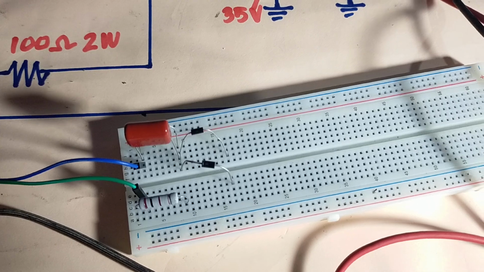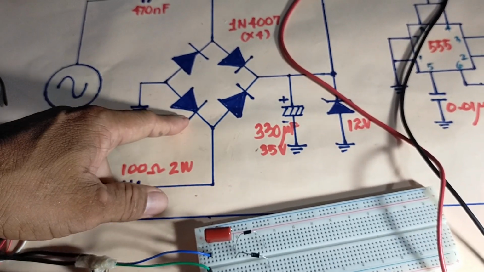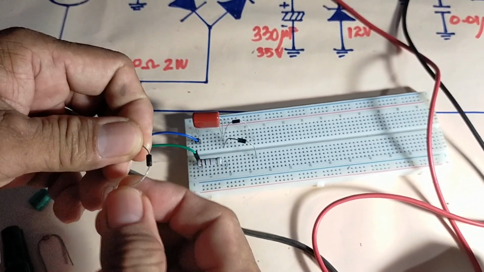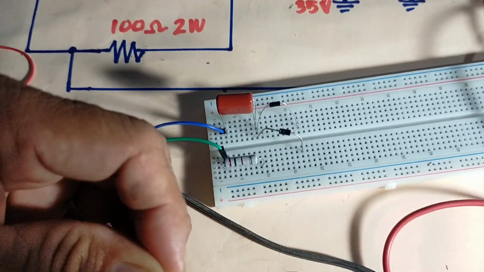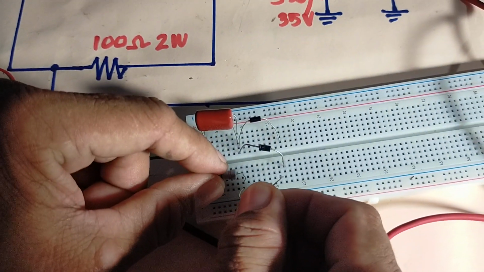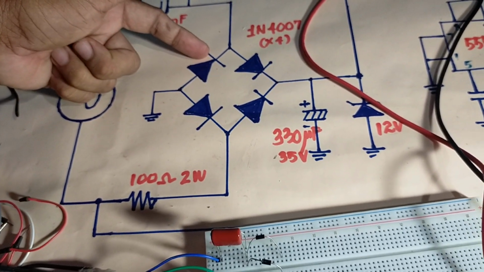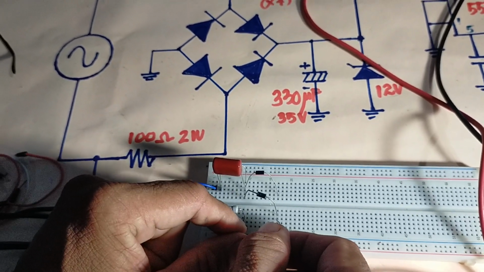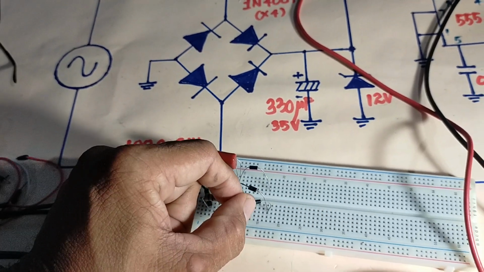So on the other hand, this line here, cathode and anode again. So the cathode, which is this one here, where there is a color band, is connected here. The cathode is connected here, and the anode is over here.